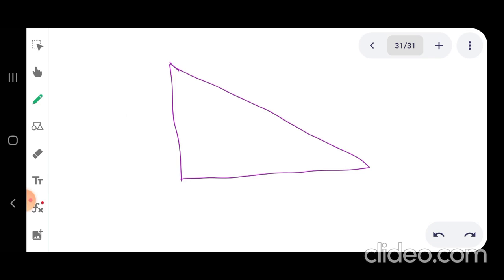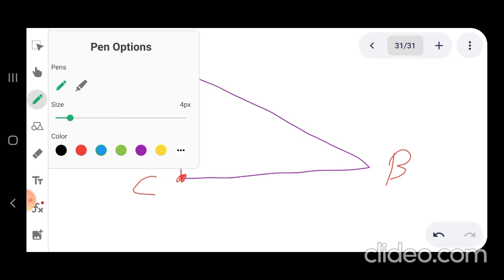Let's say this is the origin. How many corners do we have here in this upright triangle? We have three corners, 1, 2, 3. Let's call this corner C, referring to component C, this corner B, referring to component B, and this corner A, referring to component A. So let's link to the three-dimensional diagram.